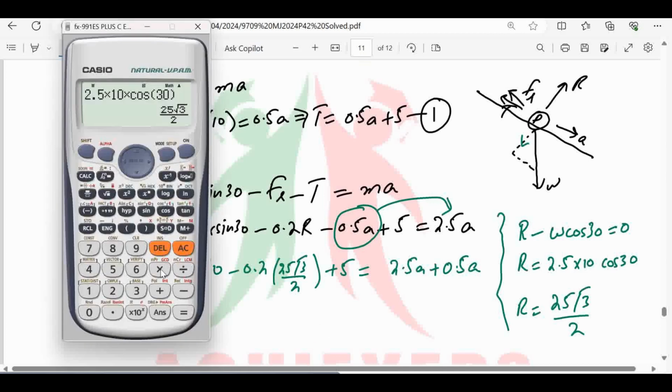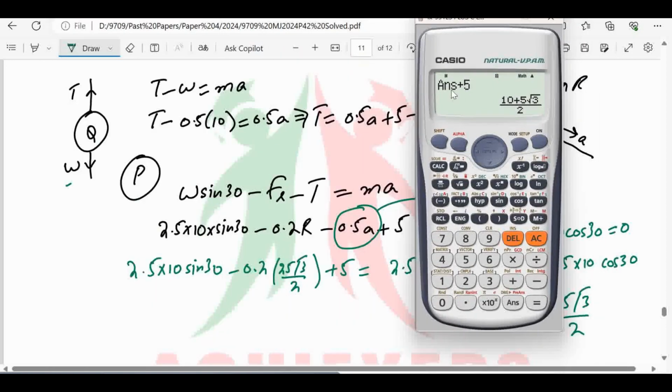If we multiply it with 0.2, it will give us 5, and then plus 5. Okay, there is a slight change that we need to simplify again.